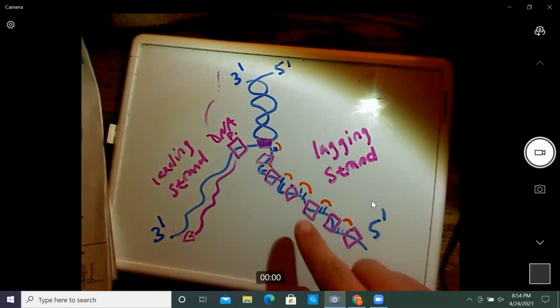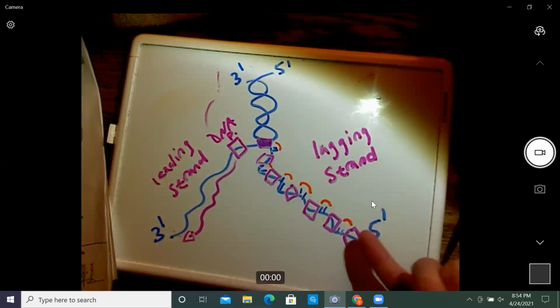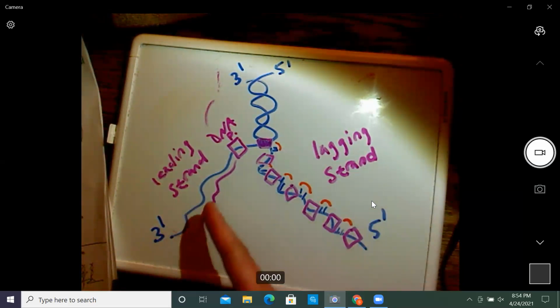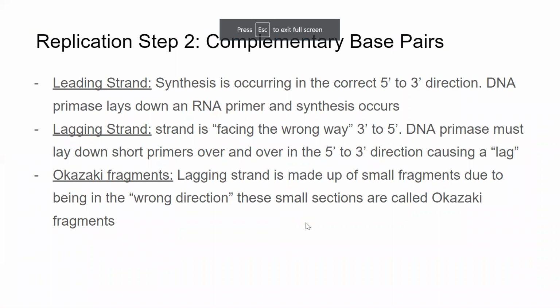These little fragments are called Okazaki fragments. That guy Okazaki discovered them, so they got named after him. So the lagging strand contains Okazaki fragments. The leading strand does not. So yeah, there he is again, Okazaki fragments right there.